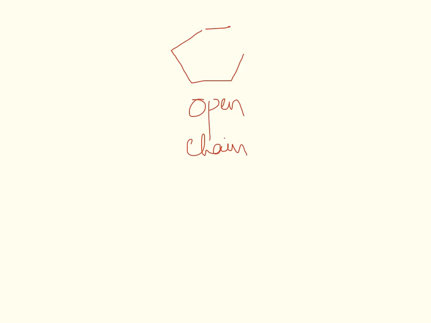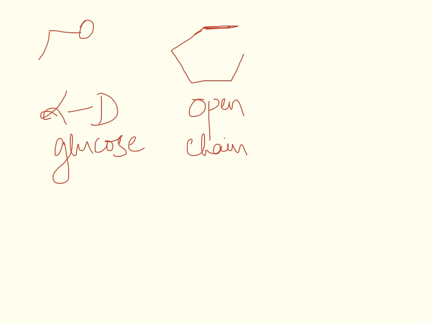And then in solution, what happens is that the hemiacetal structure of, let's say, alpha D-glucose, the alpha anomer form, in solution, it opens up to form the open chain like this.